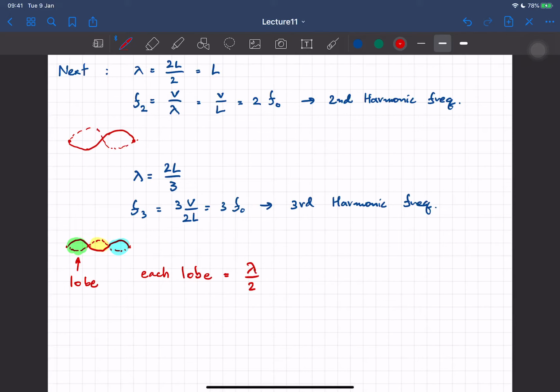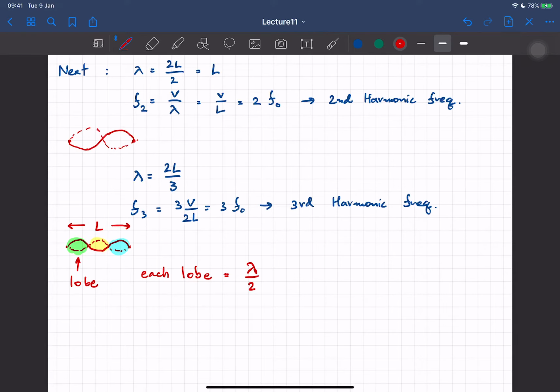And we use this trick to figure out what lambda is. For example, in this case, the length of the string is L, that's fixed by our choice. So the length of the whole thing is L. How many lobes do we have in this case? We have 3 of them.